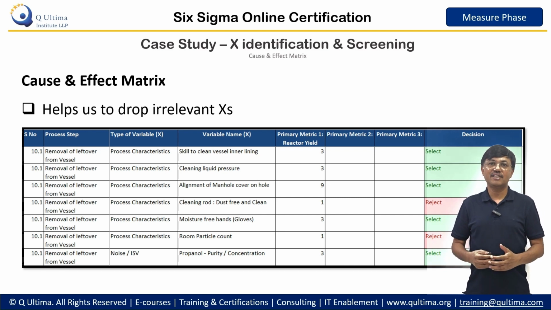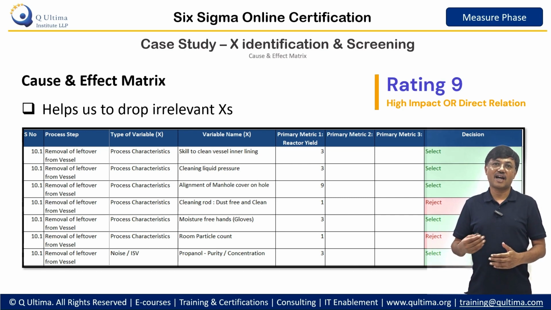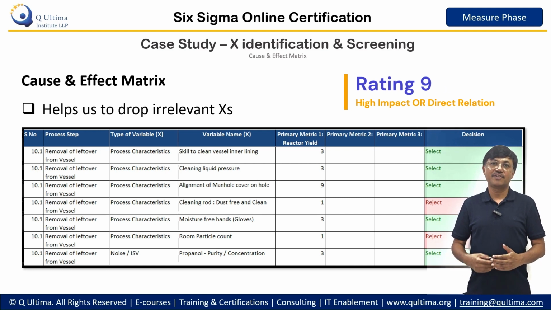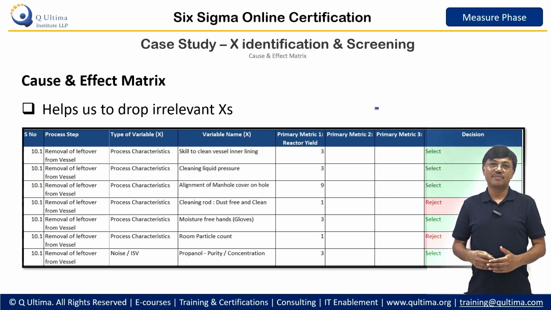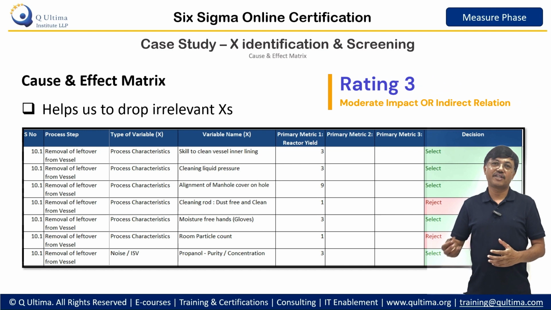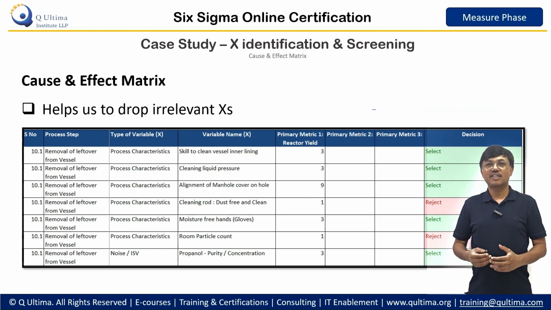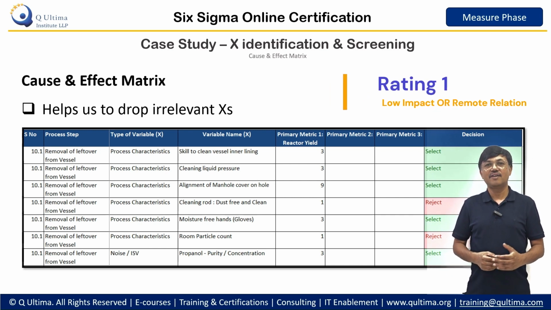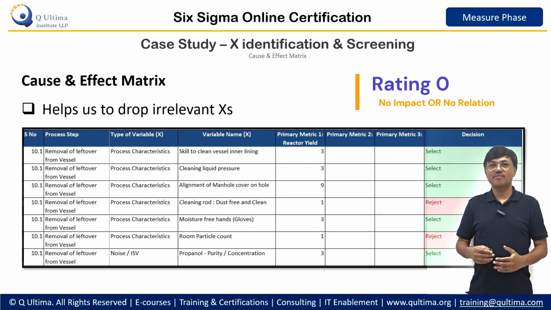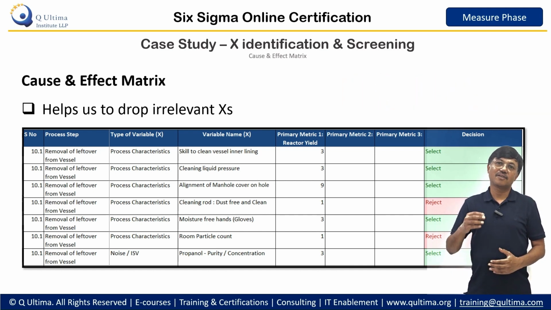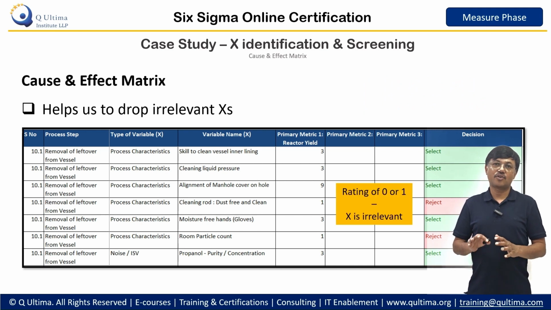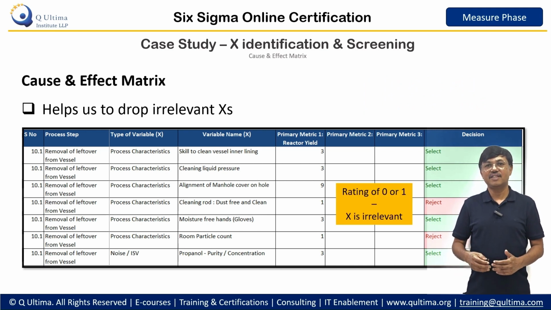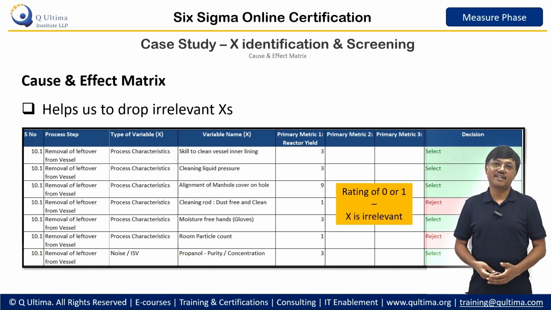If the team feels the impact on reactor yield is high and the relationship is direct, we rate the x or the characteristic as 9, and if we feel the impact is moderate or the relationship is indirect, we rate it 3, and if a remote relationship exists, we give a rating of 1, and if there is no relationship, we give a rating of 0. The x's which have a rating of 0 and 1 are dropped at this stage, and whatever we are left with is 3 and 9, and we move forward in our next phase with the 3 and 9 rated x's.